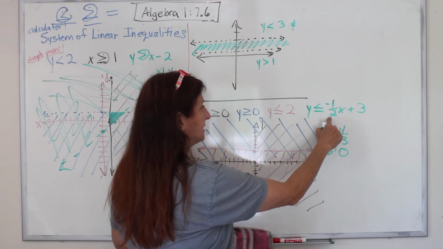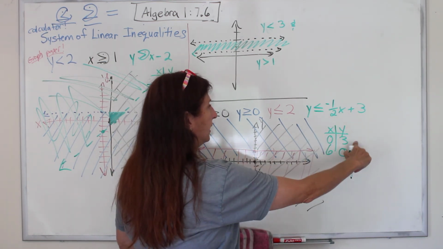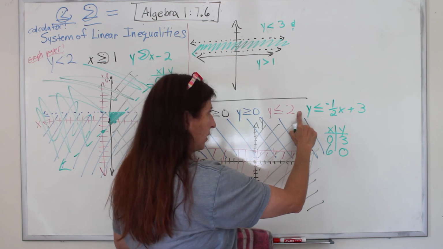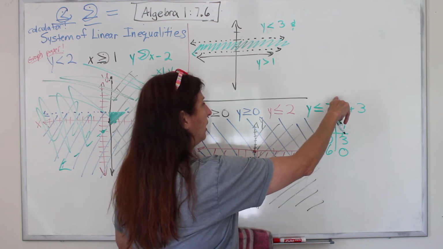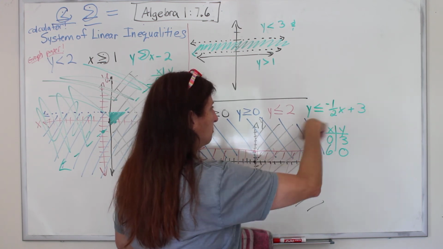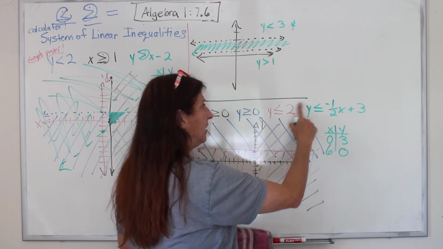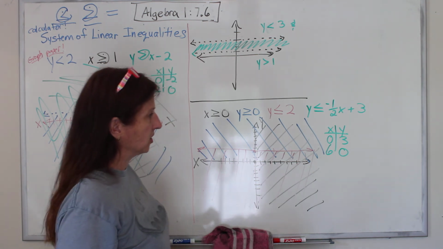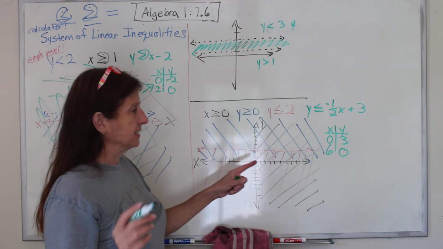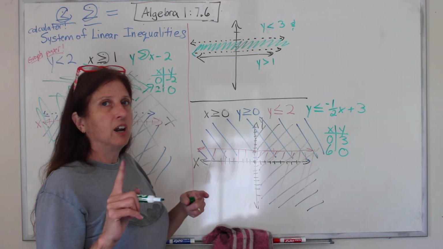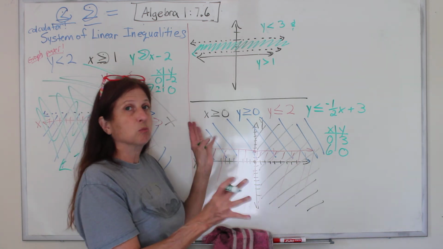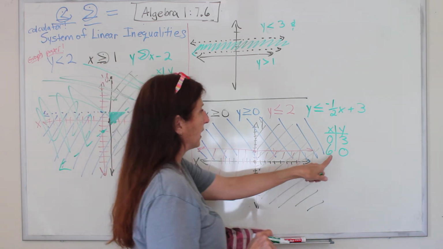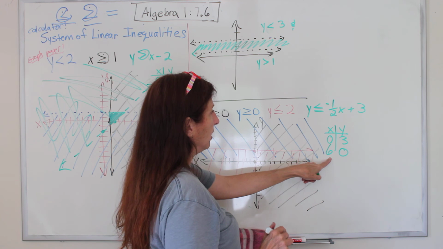So if x is 0, y is 3. And if y is 0, then we put plus 1/2 x, then we multiply both sides by 2, and we get 6 equals x. Oh, 6 and 0. If that doesn't make sense to you, just trust me on this one, because this is more about the coloring than the math here. So we have 2 points.